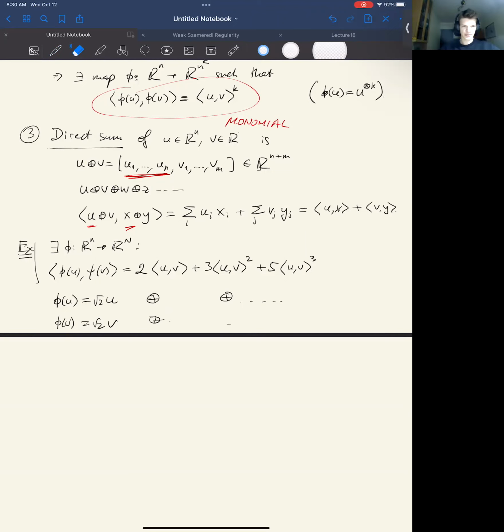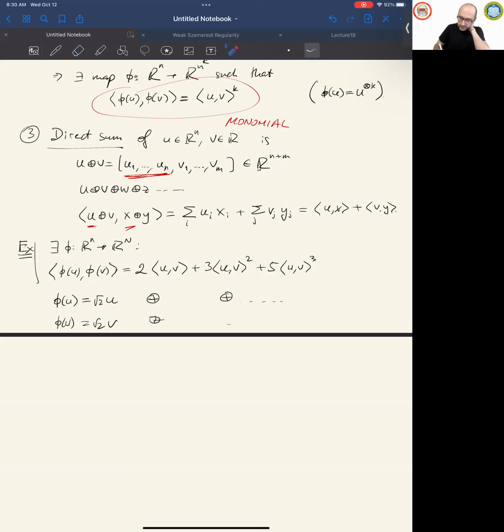But we allowed choosing phi and psi differently, so we could put phi of u as 2u and psi of v as just v. I slipped. It should be phi. Yeah, then in this case, it should be the same. Yeah, so root 2. Okay, second component.